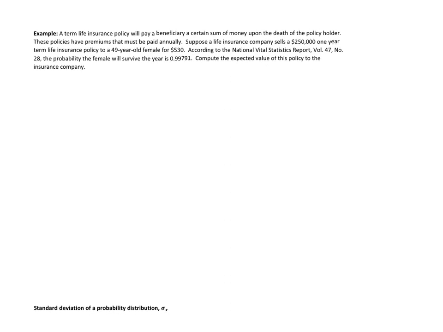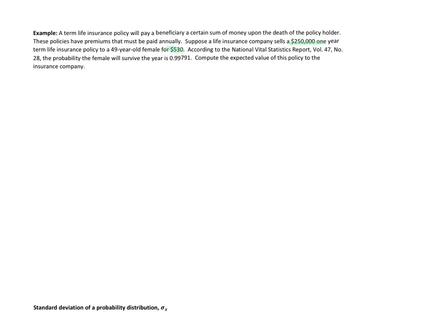So here we have that a term life insurance policy will pay a beneficiary a certain sum of money upon the death of the policyholder. These policies have premiums that must be paid annually. Suppose a life insurance company sells a $250,000 one-year term life insurance policy to a 49-year-old female for $530.